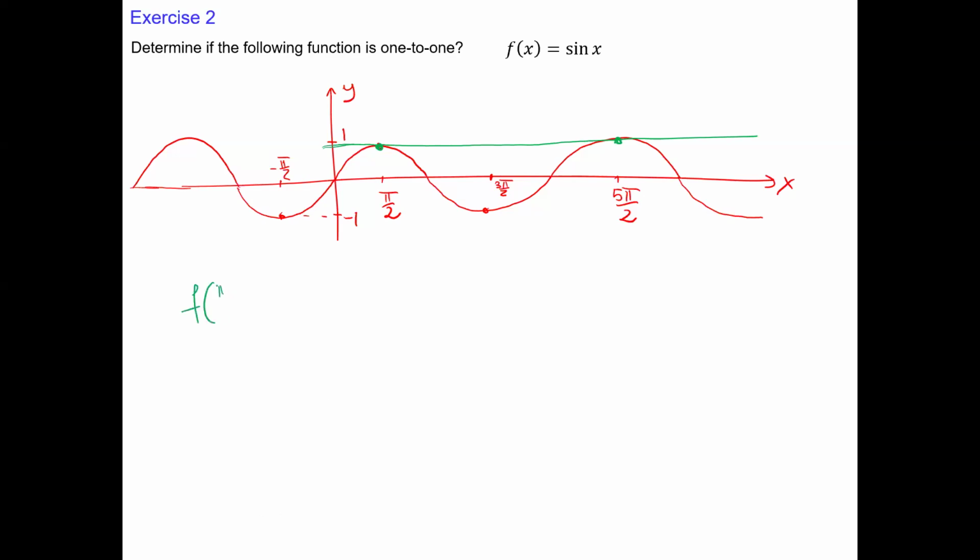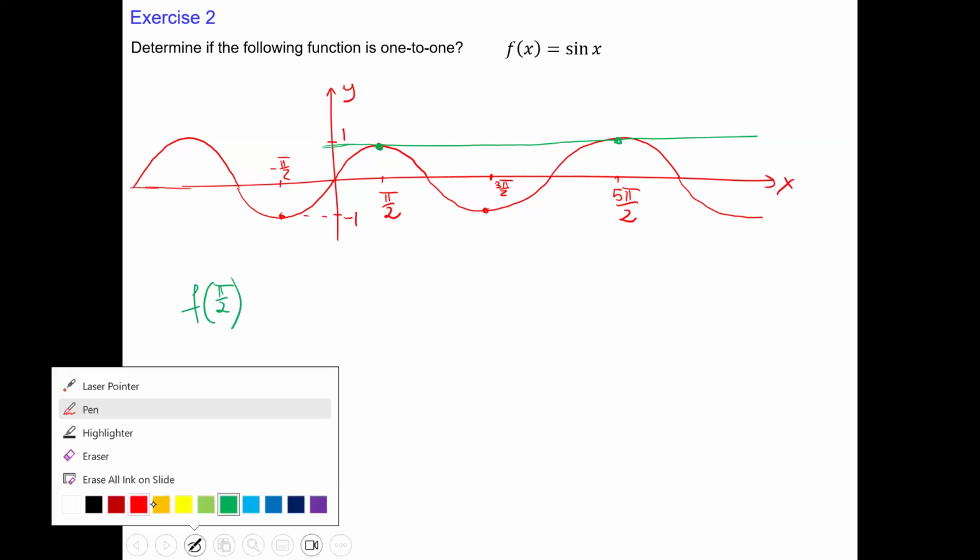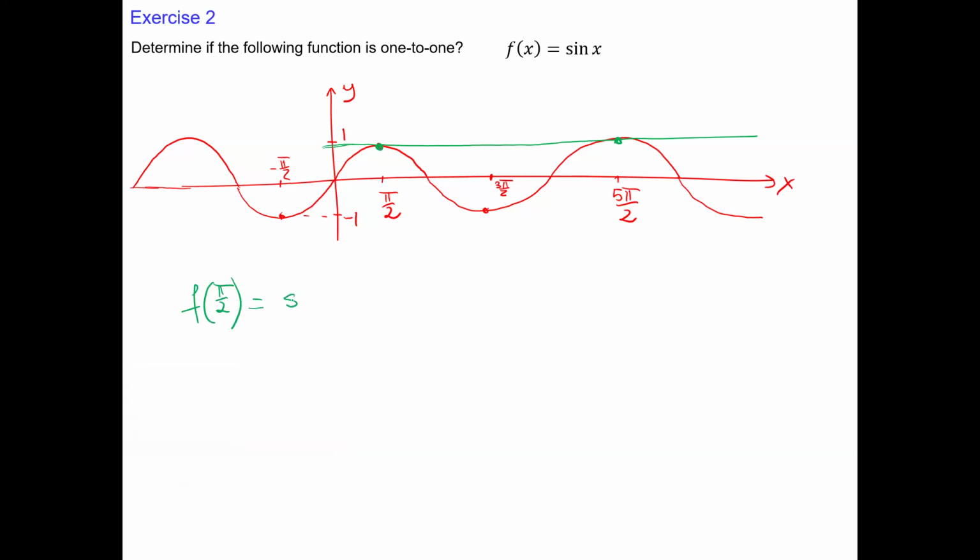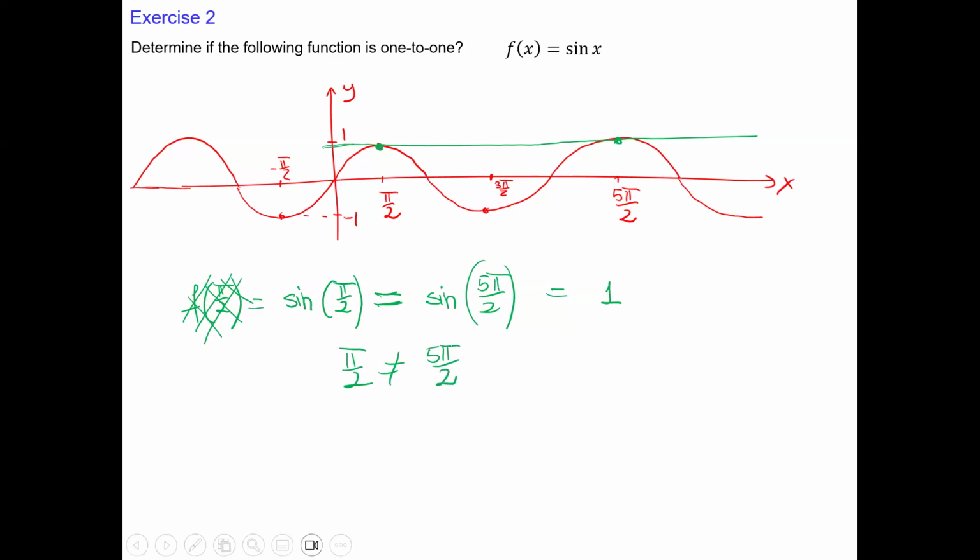That means sine at pi over 2 is the same as sine of a different x, 5 pi over 2. It's exactly the same. The value is 1, but the x's are different. For different x's, we have the same output. This is still a function by the vertical line test, but it's not one-to-one. That means the function sine of x is not one-to-one.